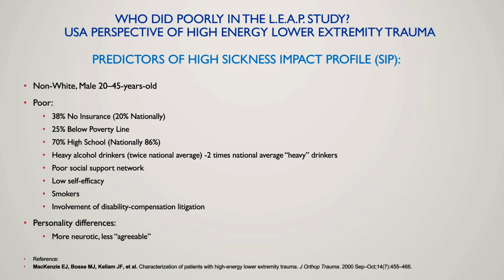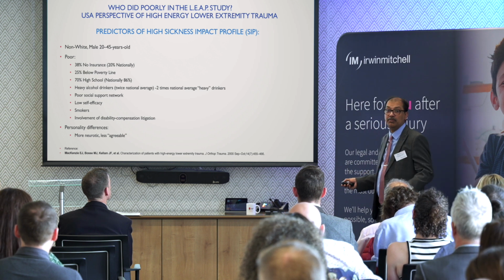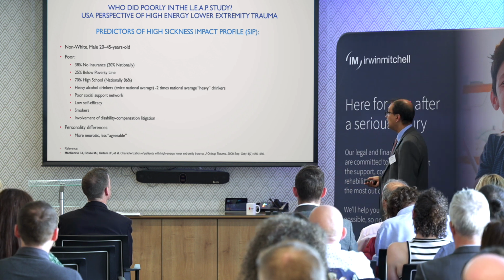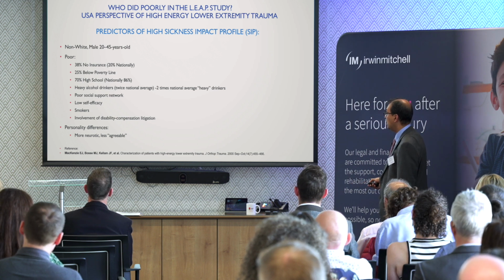Non-white male of this age group, no insurance, below poverty line, poor education level, heavy drinker, smoker, poor social support. It's always this group that shows worse result in any sort of investigation.